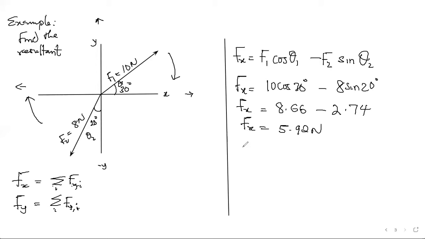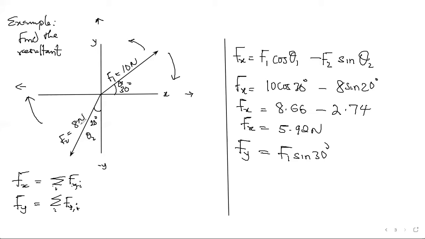Now let's find all the forces that act vertically. So for Fy, the y contribution of this force will be F1 sine 30, because when I move that force, I move away from the angle, like that.